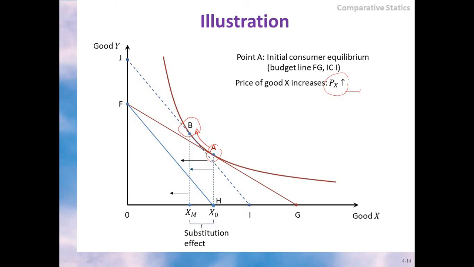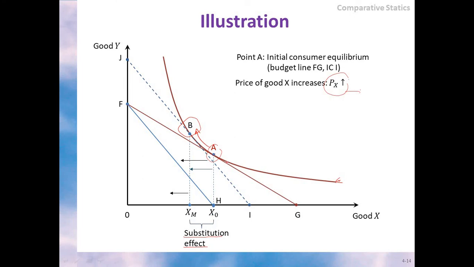This is what we say is movement along the same indifference curve. If we are on the same indifference curve, remember the level of satisfaction is the same. So the movement from A to B is what we call the substitution effect.